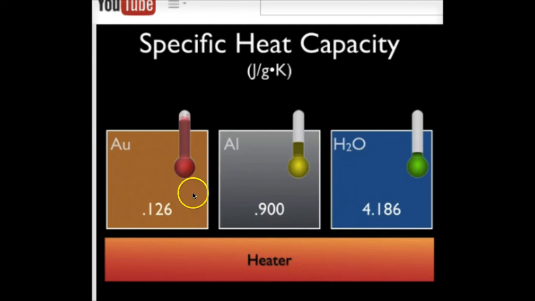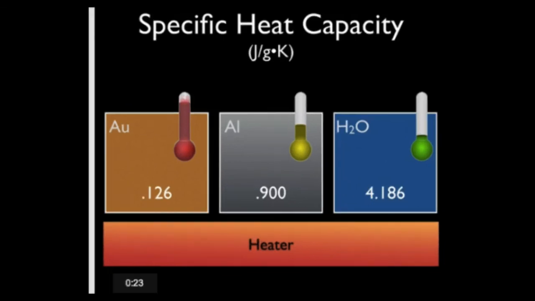It's just that the specific heat is lower for gold, so the temperature changed, whereas with the water, the same amount of energy was put into it, but the energy did not change the temperature of the water because the specific heat is higher. Just to be clear, the water was able to absorb more energy before its temperature started to change.